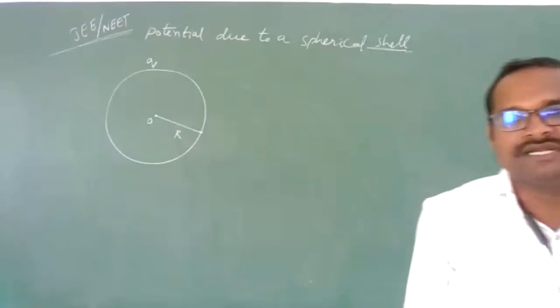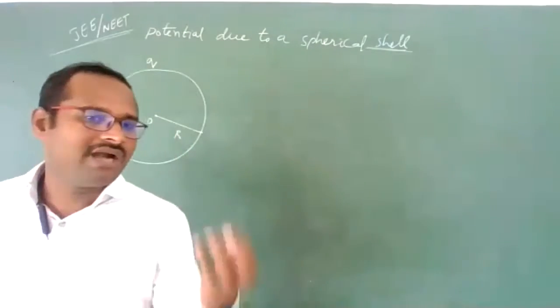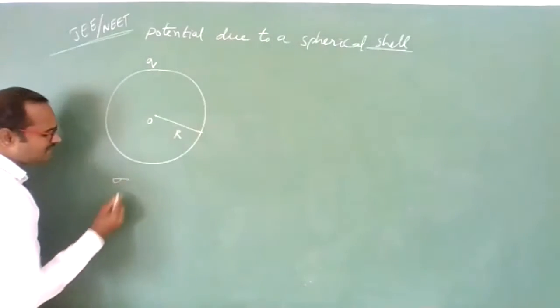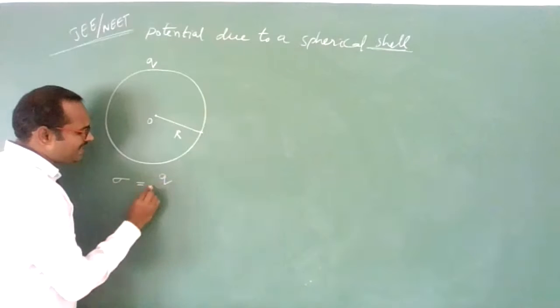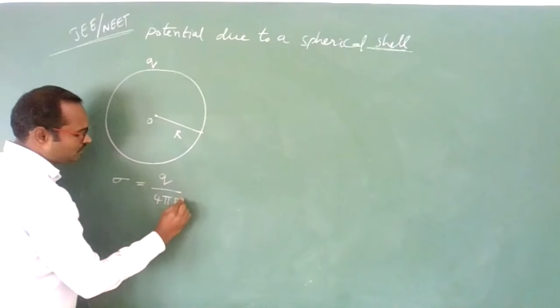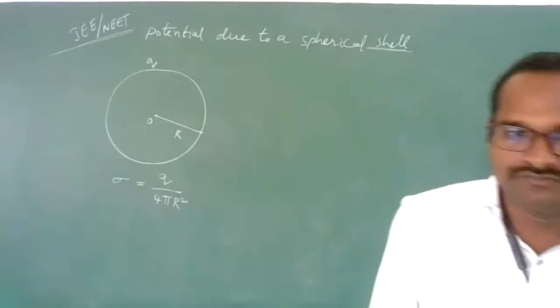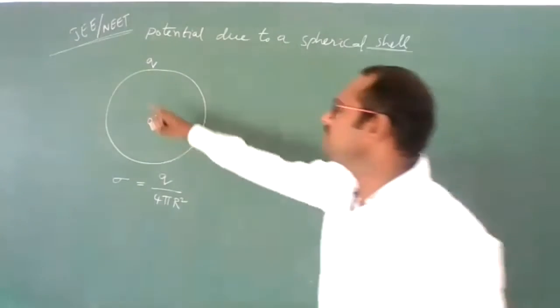As I am calling it a spherical shell, what do we need to consider? Lambda, sigma or rho? Yes, we need to consider sigma. Sigma means surface charge density, that is nothing but q by area. The area of the spherical shell is 4 pi r square, as you know. Clear, students?